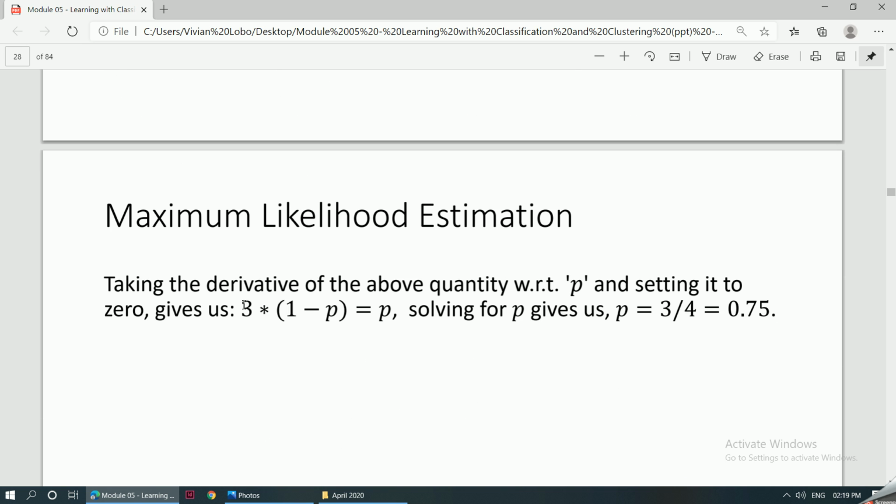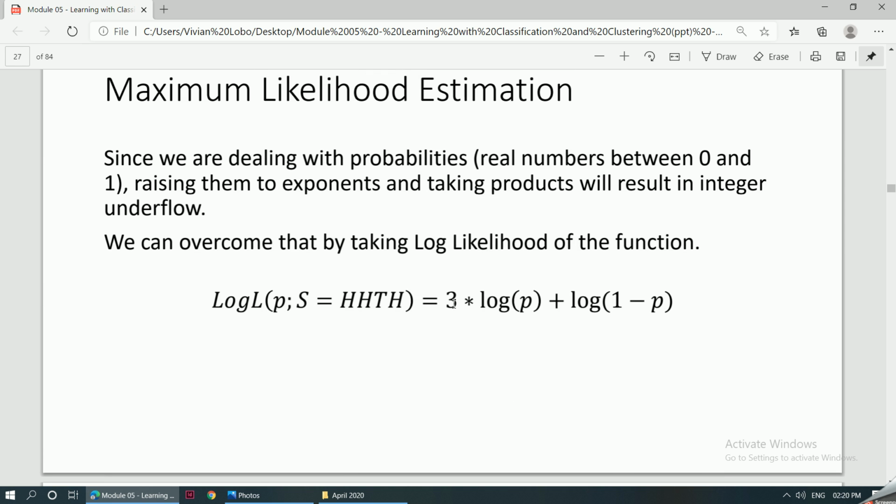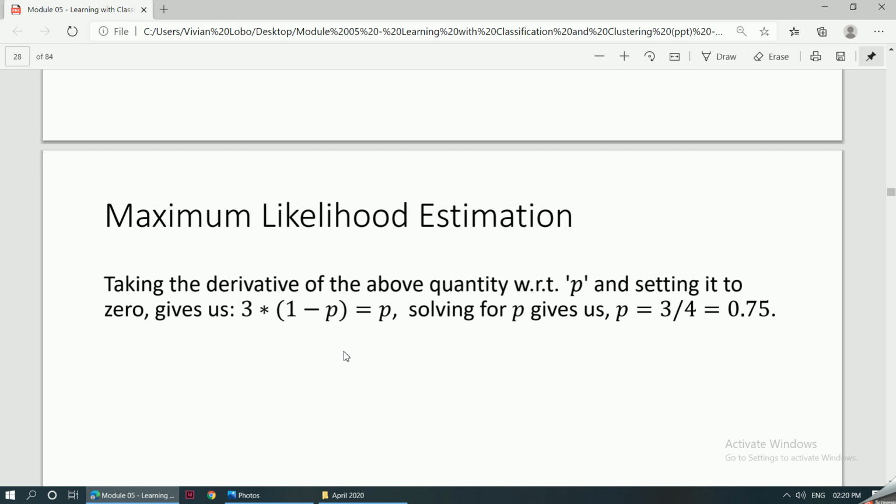Now what are we doing? We are finding the first order derivative with respect to the unknown quantity and setting it to 0. Here the unknown quantity is P. So we differentiate 3 into log P with respect to P, and also log of 1 minus P with respect to P. On applying first order differentiation, we get 3 into 1 minus P is equal to P, equating it to 0.